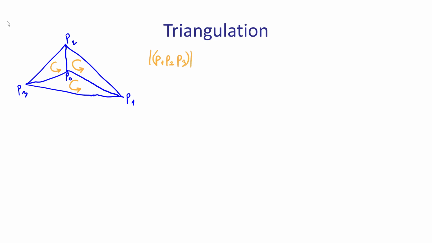This is the area of the overall triangle, equals the area of triangle P0, P2, P3, which is starting from that point and going that way, plus the second triangle, which is P0, P3, P1.